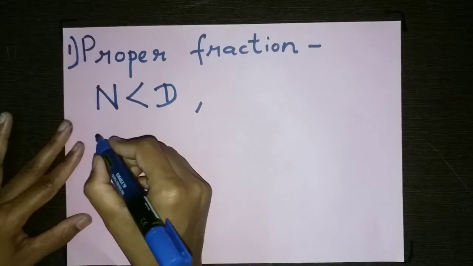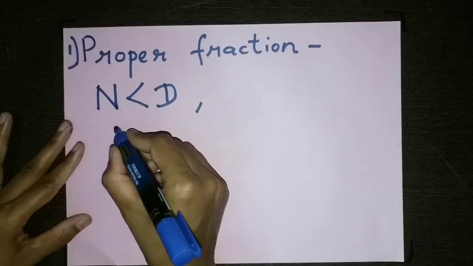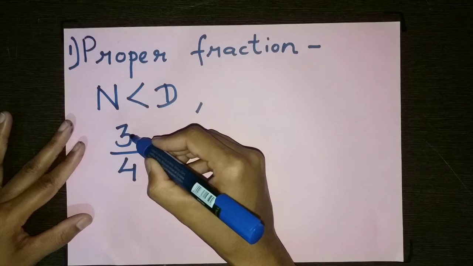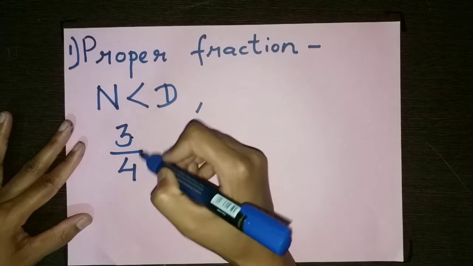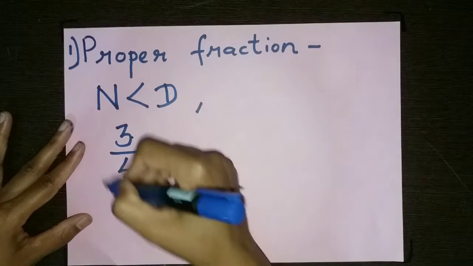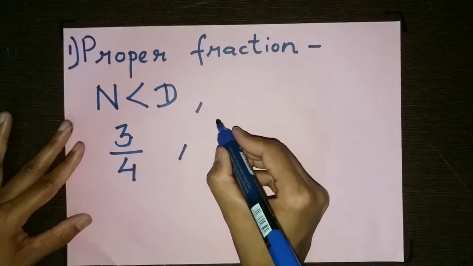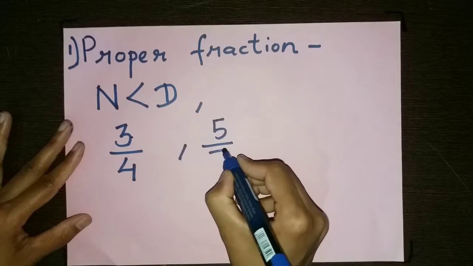that fraction is said to be a proper fraction. Now take an example, just like 3 upon 4. What we are observing here is that the numerator is smaller than the denominator. So this is an example of a proper fraction. Now take another example. Consider 5 upon 7.